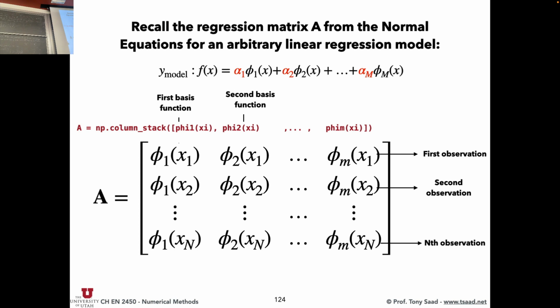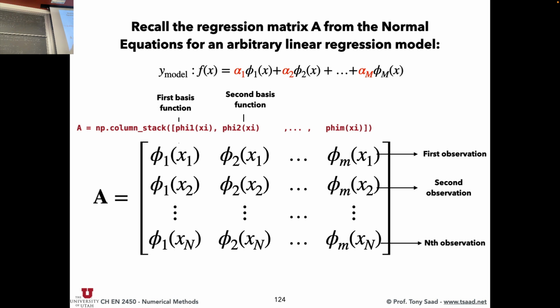So it's numpy.column_stack. What it does is take an array and put it in a column. When you think about this matrix, this is all phi1. So if you have a basis function, let's say cosine x, and you apply it to an array of x values, x1, x2, and xn, you're going to get an array of y values with the basis function: cosine x1, cosine x2, and so on.